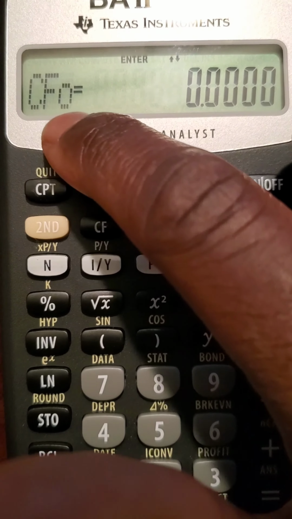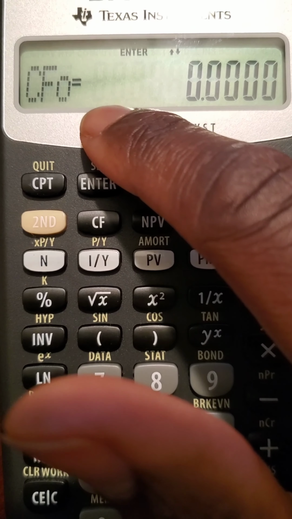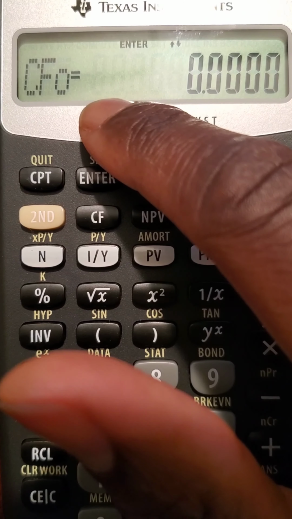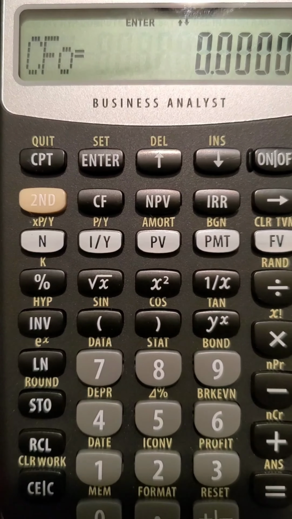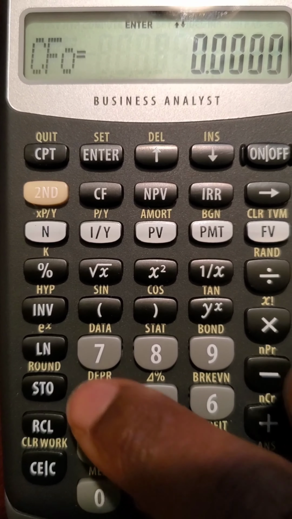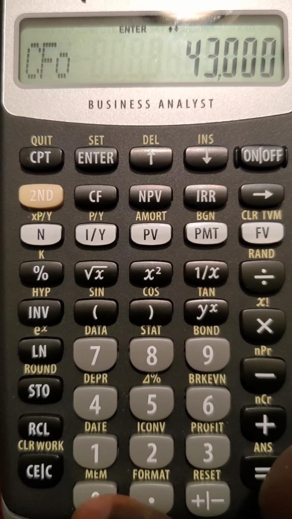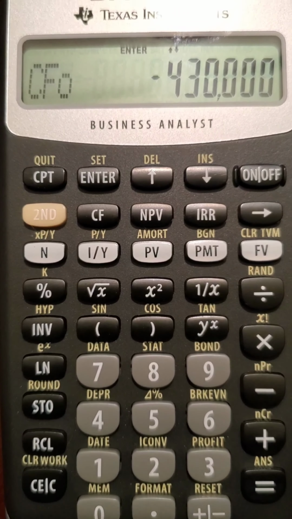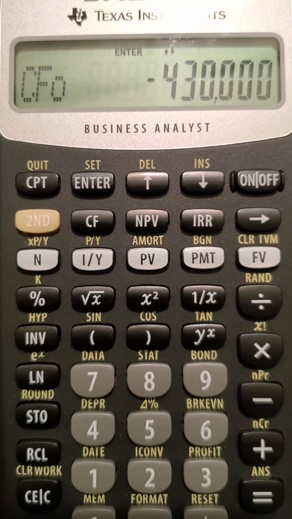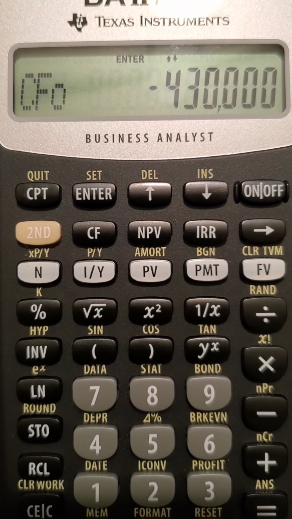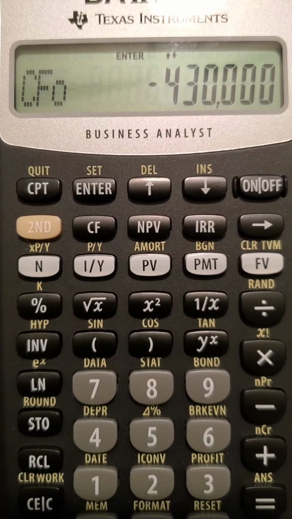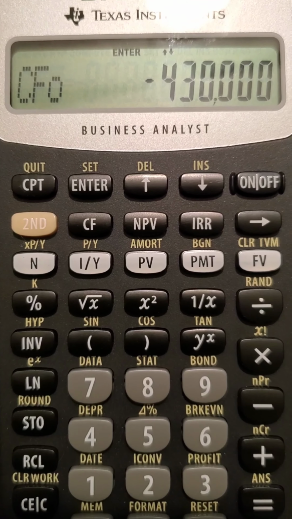So my cash flow at 0 is the cash flow before you receive those additional inflows. That's going to be my negative $430,000 that I'm spending on the actual machine. The company is spending $430,000.